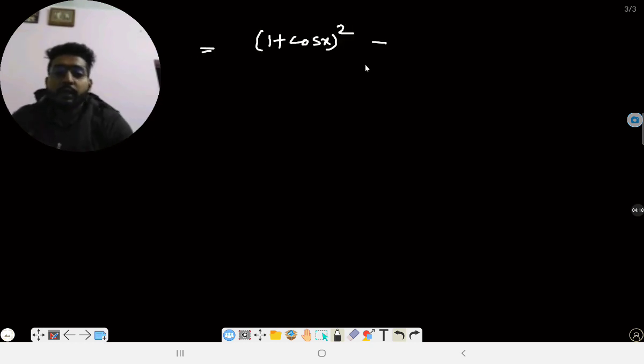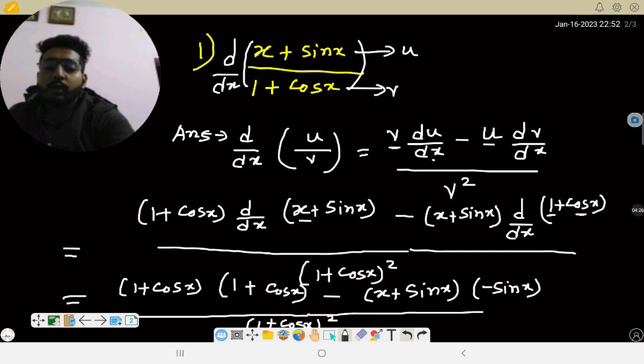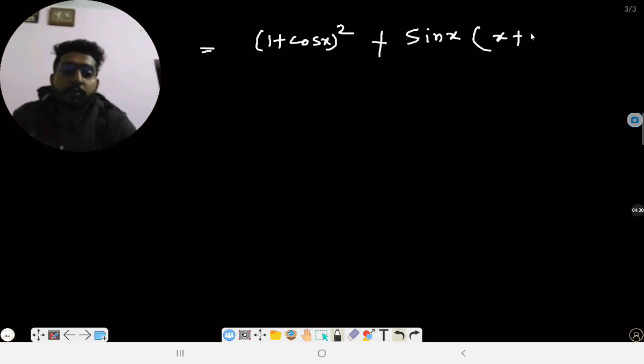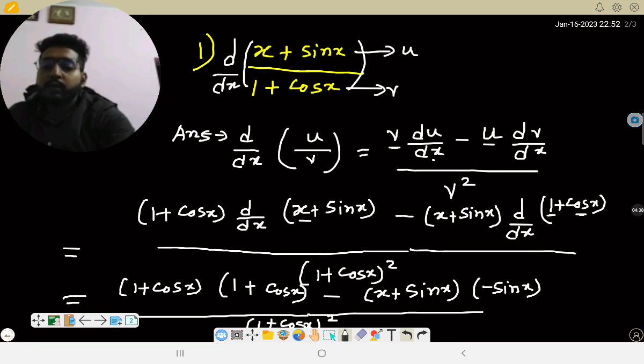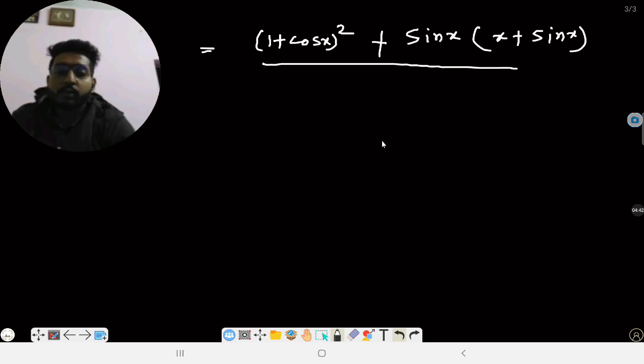So that will be plus sin x into x plus sin x. And the denominator will be 1 plus cos x whole squared.